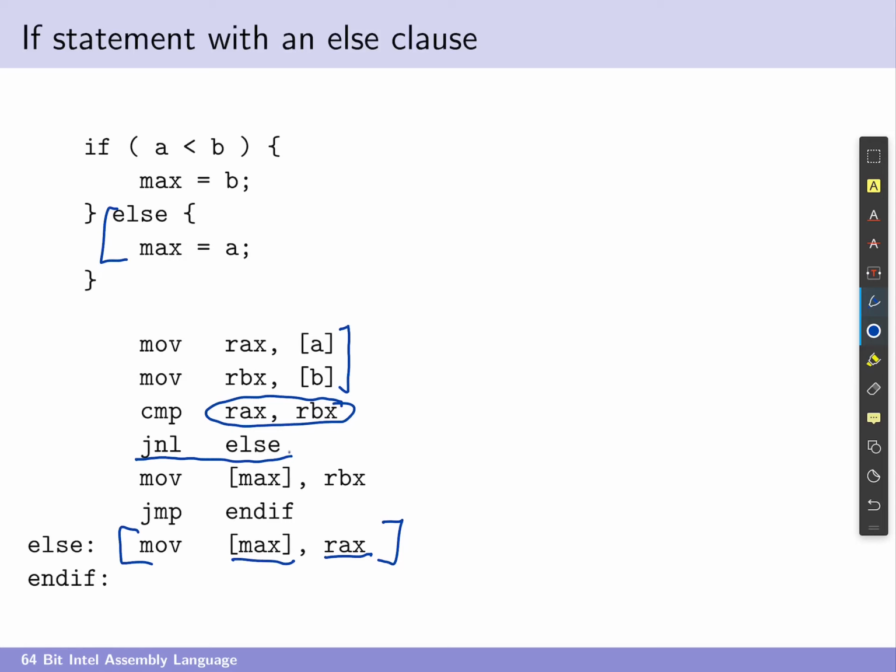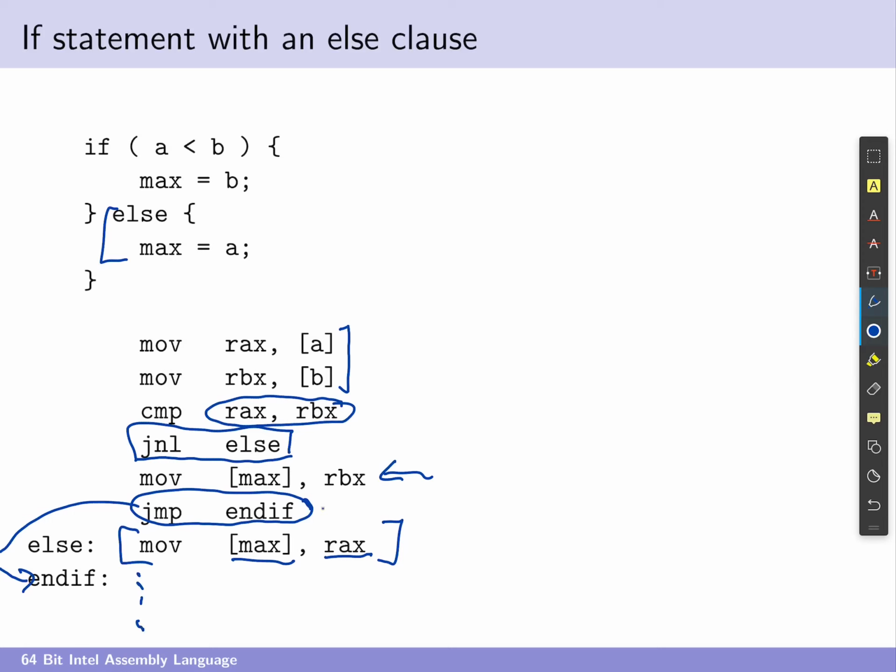And we're done. If, however, this conditional is not satisfied, which actually meant that A was in fact less than B, I'm going to execute the if body, which means I'm going to set max to be equal to B, and then I'm going to jump over my else statement to this end if, and then continue exiting.